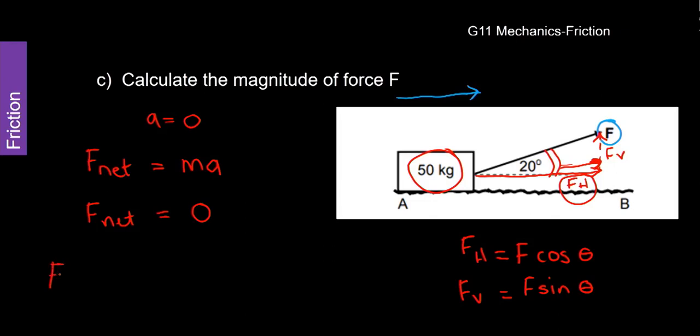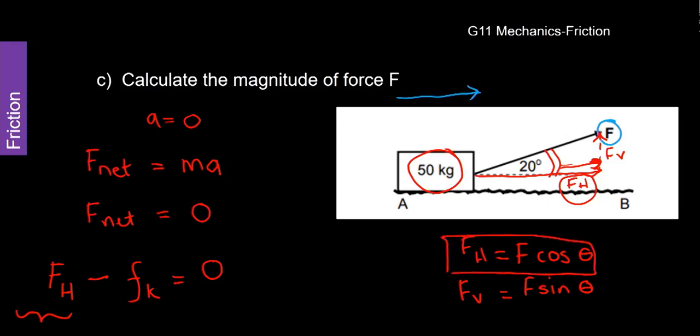It is going to be the horizontal component, there we go, horizontal component, subtract the frictional force, and it's a kinetic frictional force. It's equal to 0. We've already figured out what this one is. We've said that the horizontal component is the force that we're trying to find.